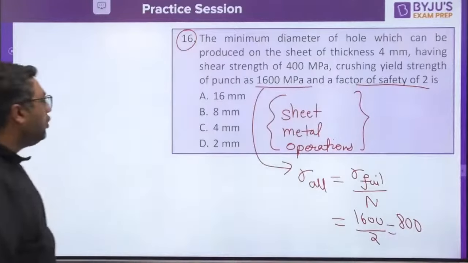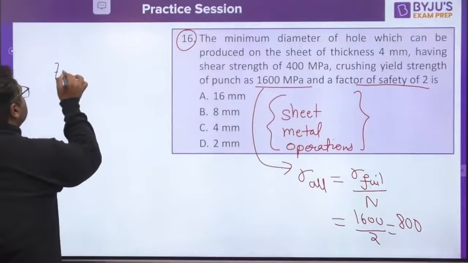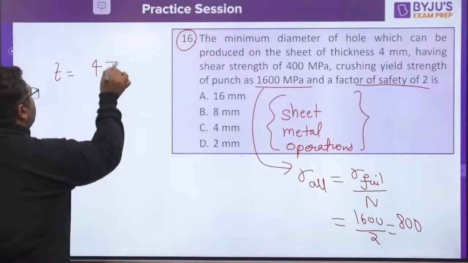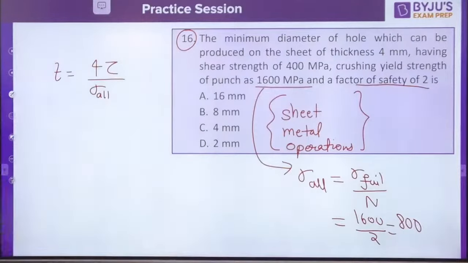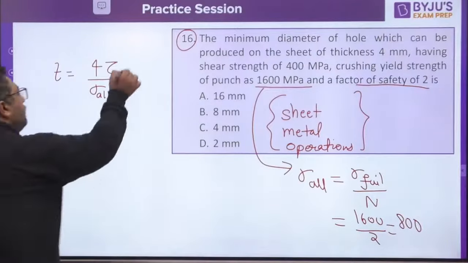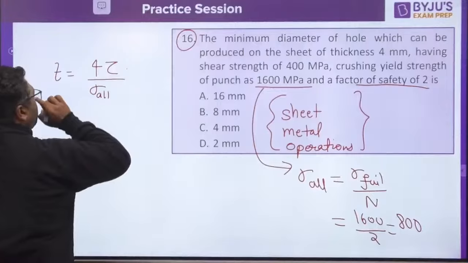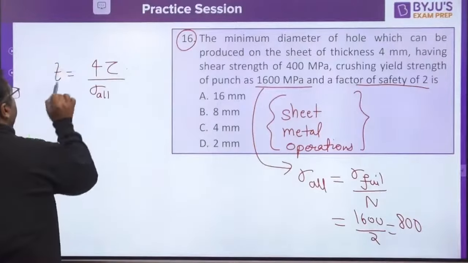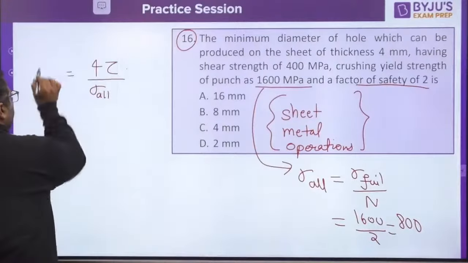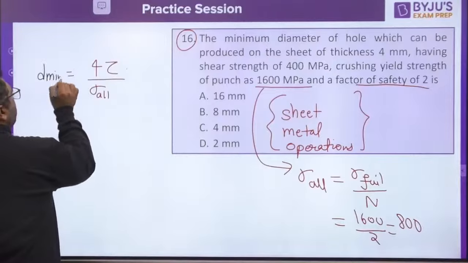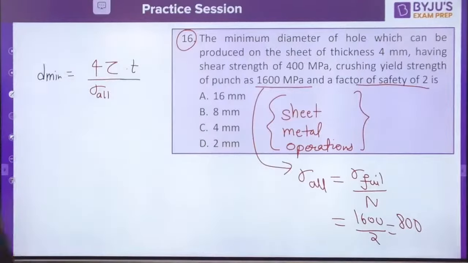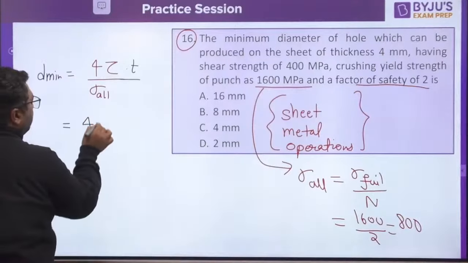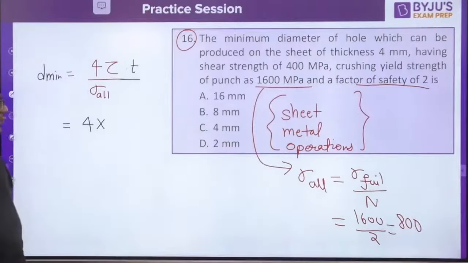So we need to find out the minimum diameter. That is 4 tau by sigma allowable. Is it the formula? Yes, 4 times tau into thickness divided by sigma allowable.